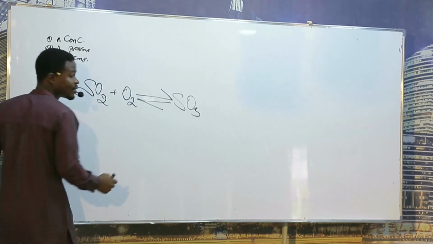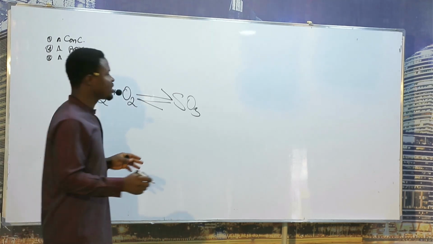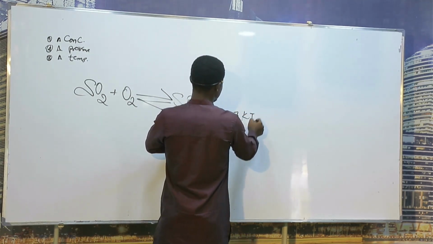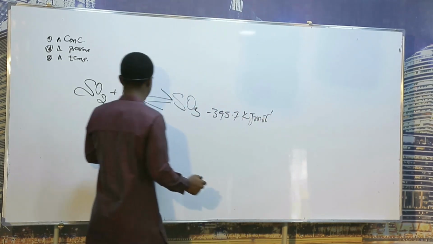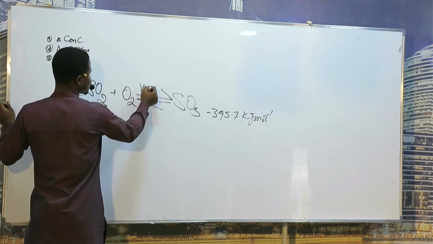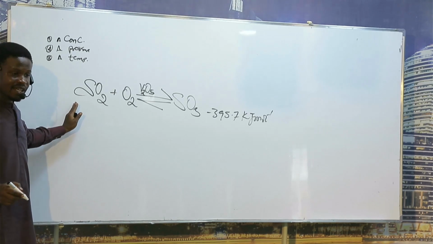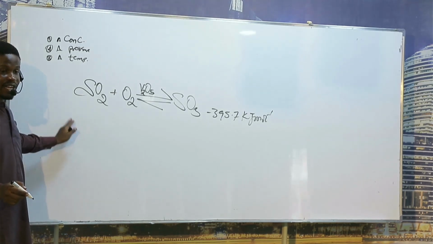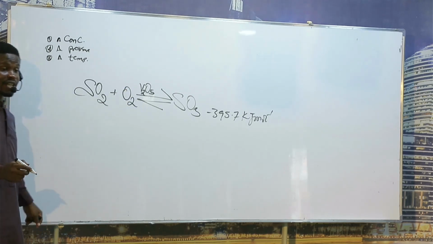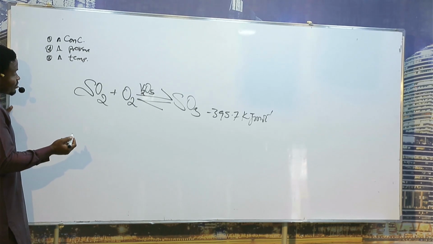The delta H, I think, should be minus 395.7 kilojoule per mole, if I'm right. And the catalyst I'm using is V2O5. What is the name of the catalyst? Vanadium 5 oxide.